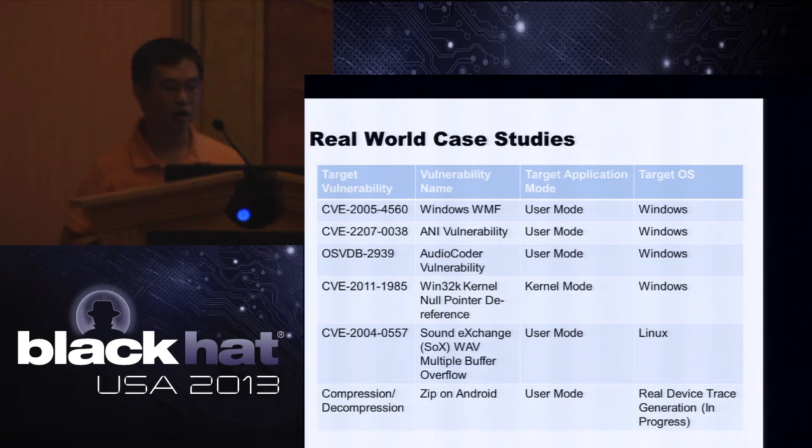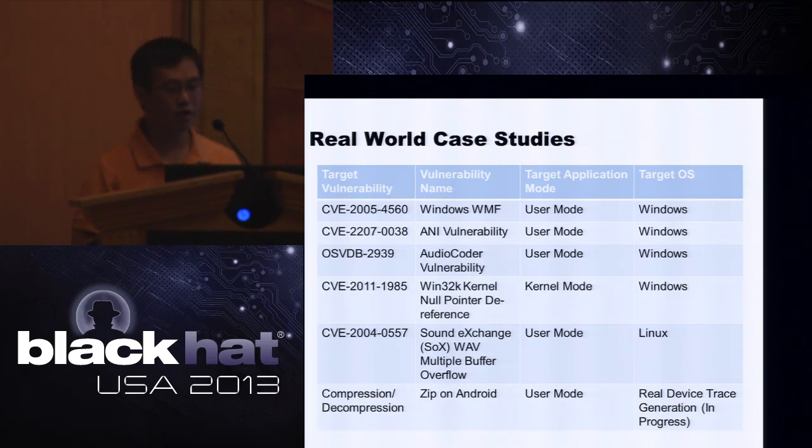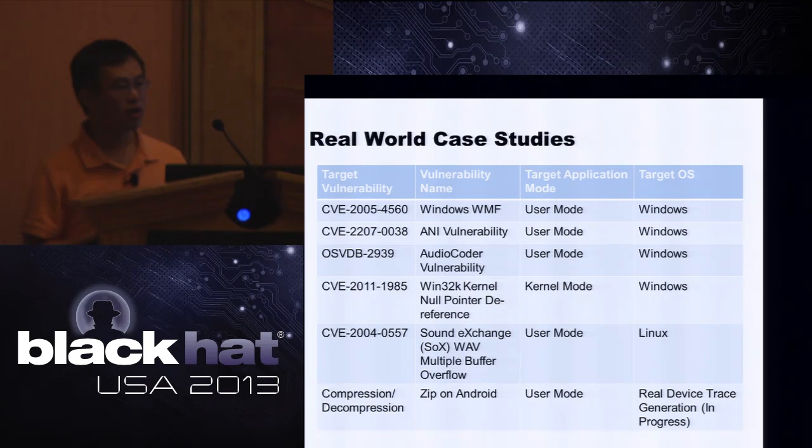We also have some audio vulnerability. On Windows, we collected some kernel crash, Unix, Linux. Also, we have some work in progress for a zip application where we're focusing on the compression and decompression activities from an Android real device.